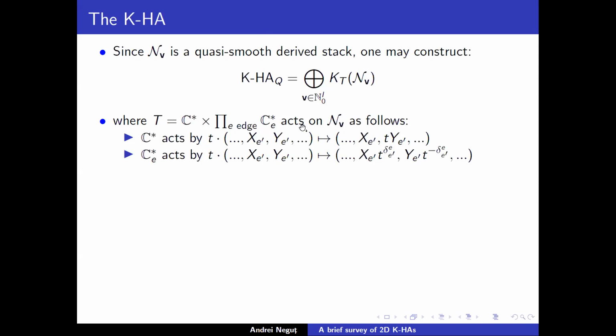Remember, the stack N_V parameterizes pairs of linear maps X and Y. This C star just doesn't do anything to the X's, but scales all the Y's uniformly. And the C star associated to a given edge e only affects the X_e and Y_e corresponding to that edge, and it scales them by opposite amounts. So I'll be considering this torus action on N_V.